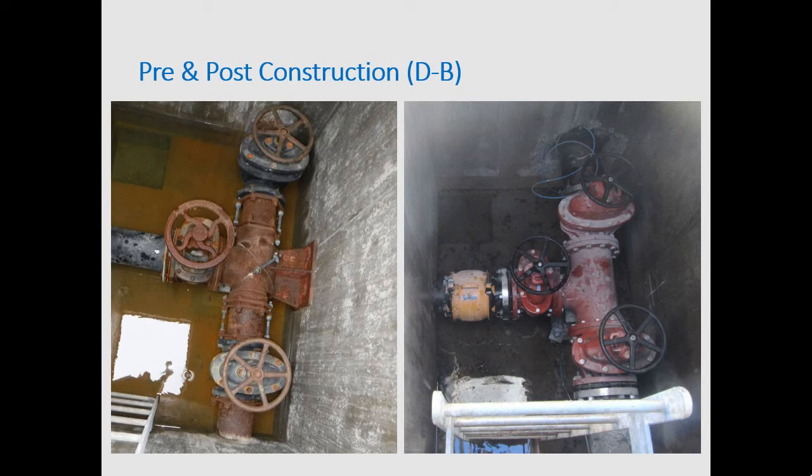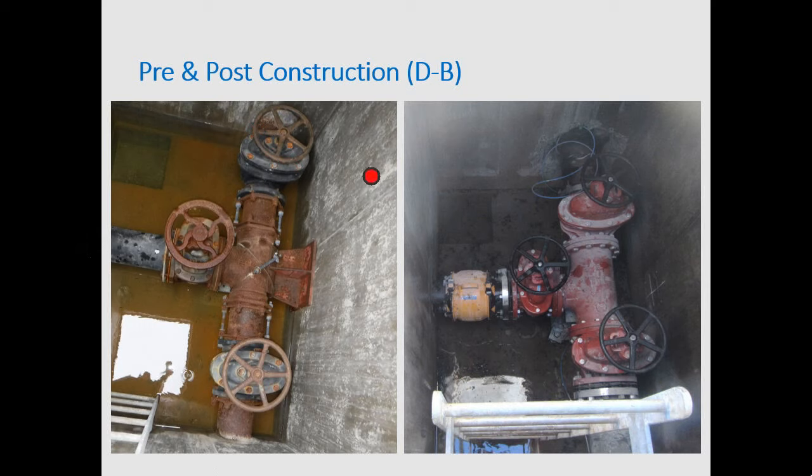So this is a pre and post construction photo. This was a vault. In some of the areas they had a lot of their valves in vaults. This was existing HDPE, one of the bursting jobs that happened in 2000. And then our project was to go through and replace all of this.